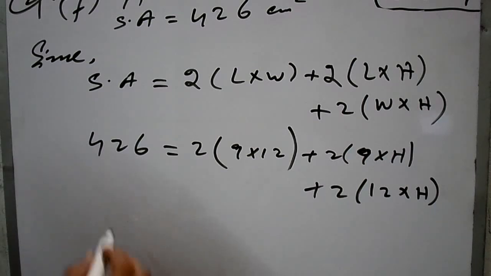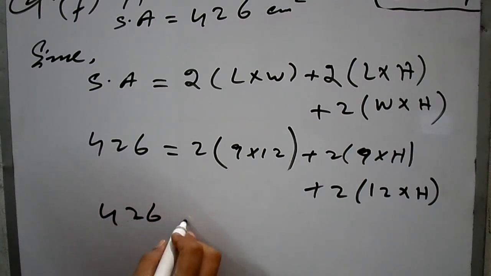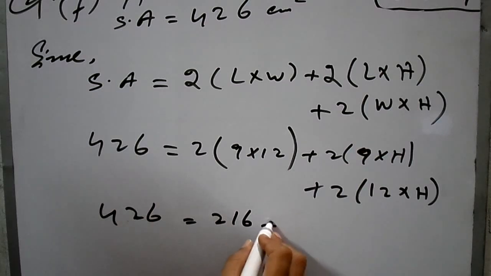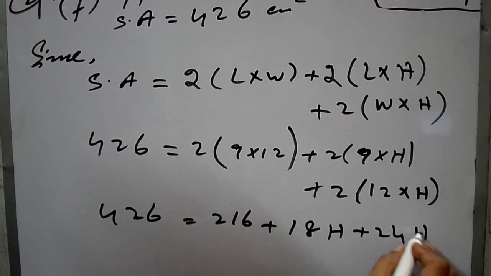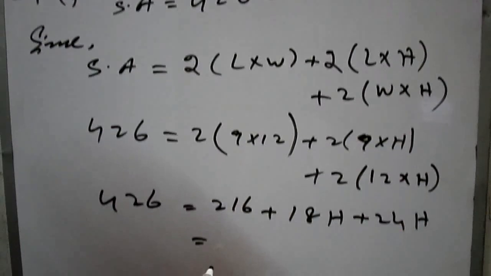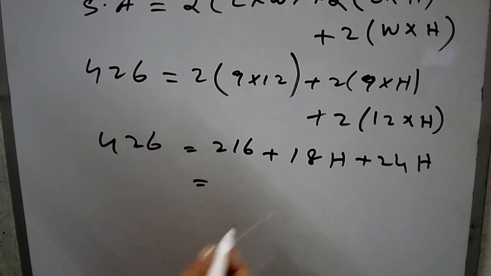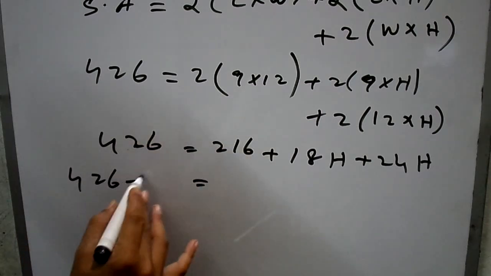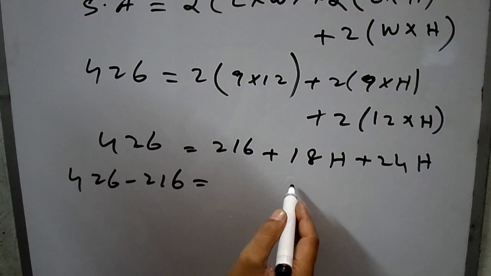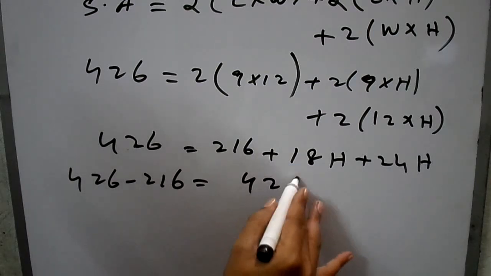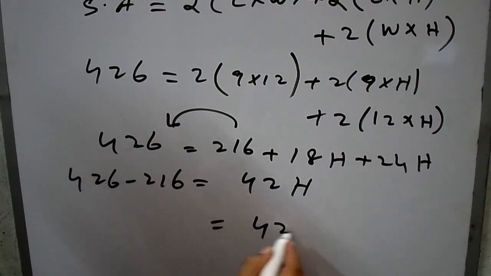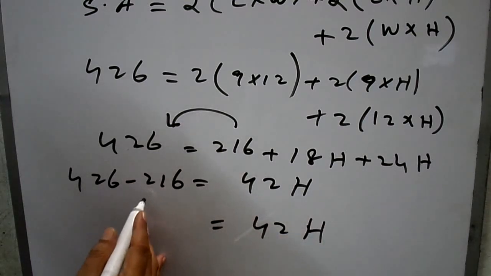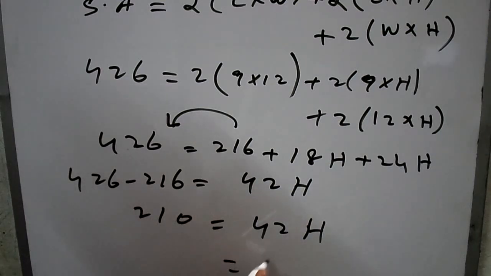So you can see here these steps are very much important, that is 216 plus 18h plus 24h. So h terms should be just simplified at one side and this will be shifted. So you will get that is 42h, because this term is shifted, constant terms have been shifted towards one side. So you will get 210. So you need the value of h, so 210 divided by 42.